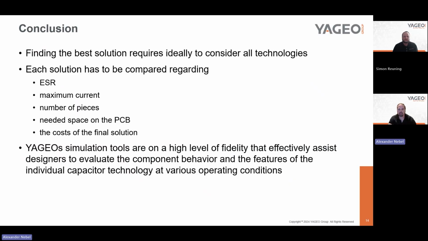So with our simulation tools on YAGEOgroup.com, we have a very high-level solution, which effectively assists designers to evaluate the component behavior and the features of the individual capacitor technology at various operating conditions, and thus assists with the selection of the best-fit capacitor.